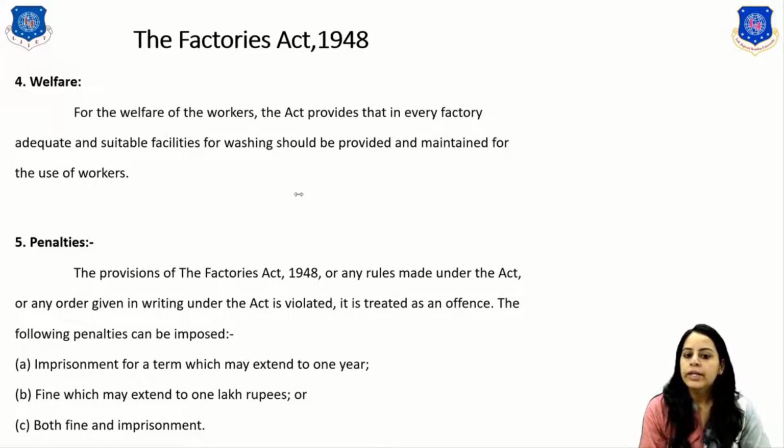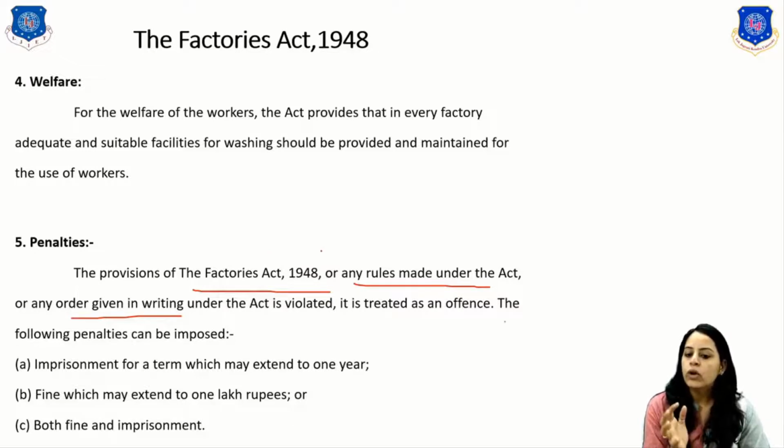The next one is penalties. If any provision of the Factories Act, any rule made under the Act, or any order given in writing under the Act is violated, it is treated as an offence.